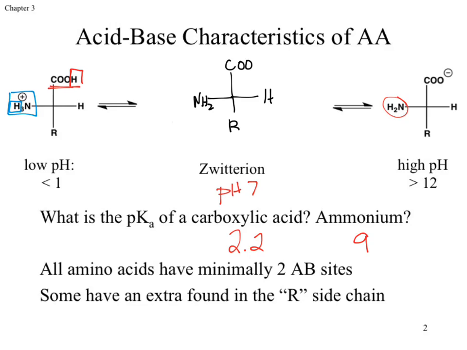Our carboxylic acid, pKa of 2.2, pH of 7. The pH is greater than the pKa, which means I need to leave the hydrogen off. So I will not add that hydrogen to the COO. What charge does it need to be? Negative. Now we can go through and look at our other functionality, our nitrogen.